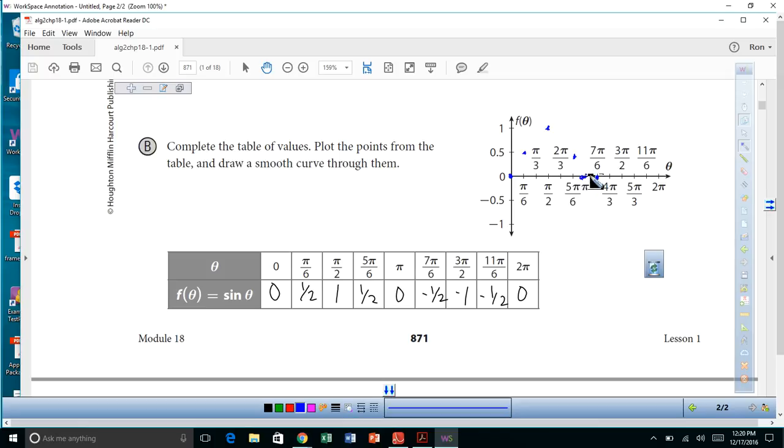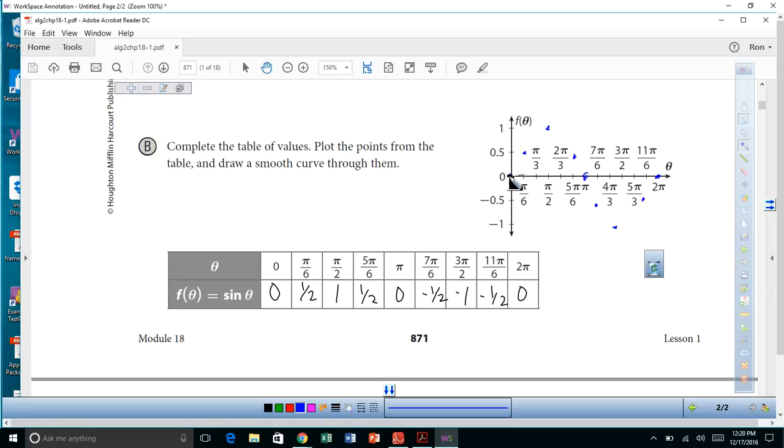Here. And then 7 pi over 6, and that's going to be negative 1/2. And then 3 pi over 2 is going to be negative 1. And 11 pi over 6 is going to be negative 1/2. And then here, 2 pi and 0.